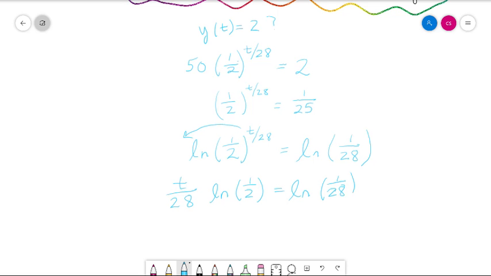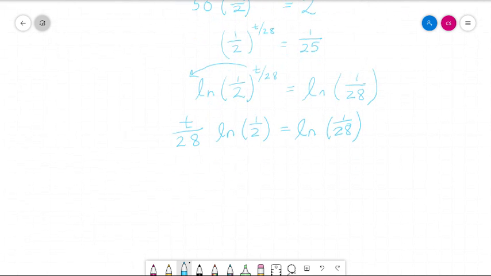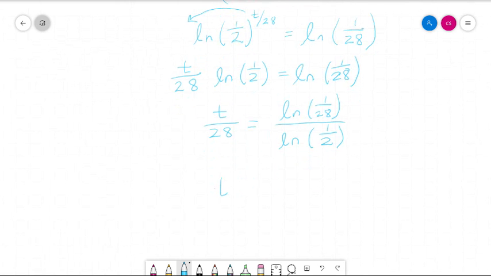Divide both sides by the natural log of 1/2. Final step, well, penultimate, we still have to put it in our calculator, but multiply both sides by 28. And you have a nice little expression you can put into your calculator.